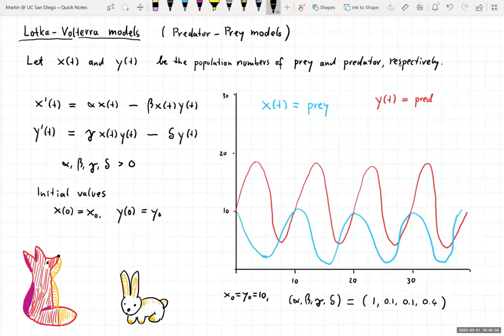On the other hand, the rate of change of the predator population, y prime of t. In the logistic model, we assume that we have infighting among these populations, which leads to a population decline, which is modeled by minus delta times y of t. So in some sense here we've got an exponential decay, if it weren't for the presence of bunnies.